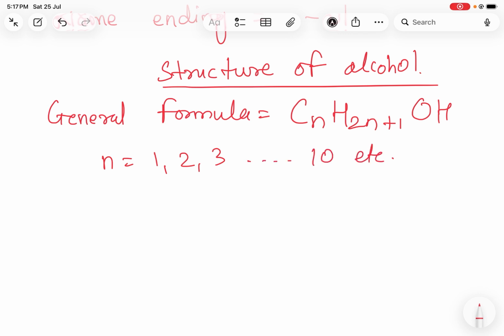But in your exam, they ask you up to 5 carbon atoms.